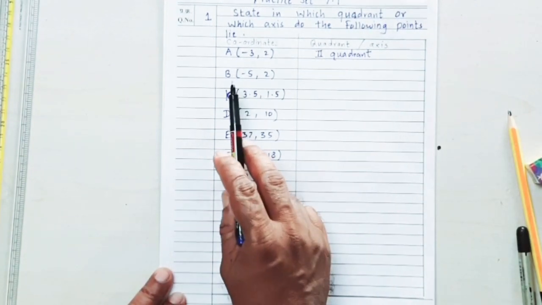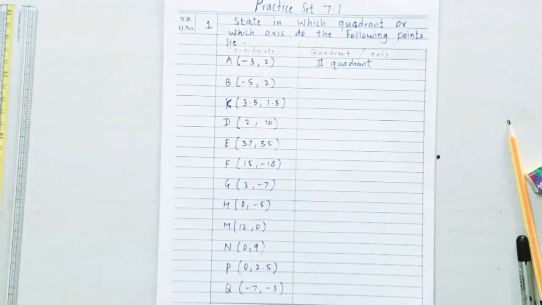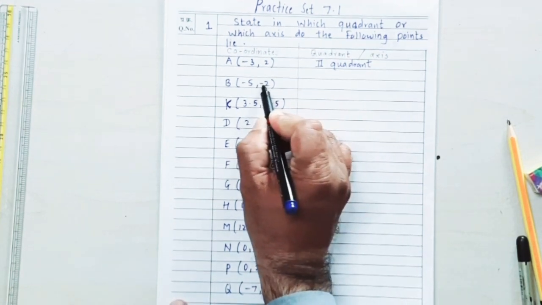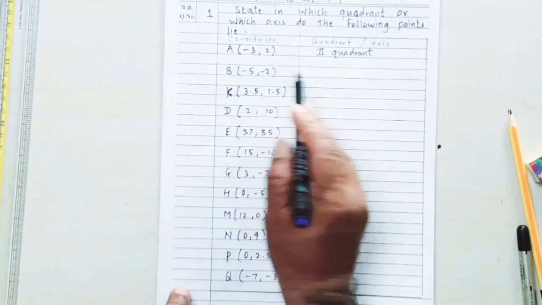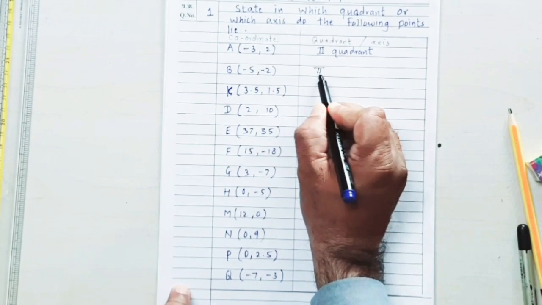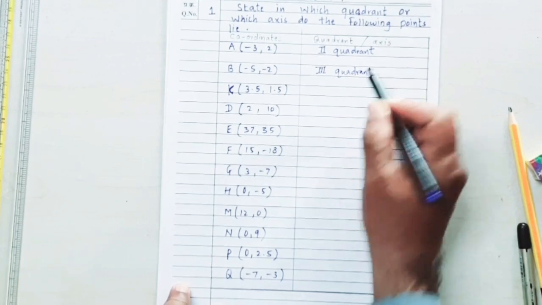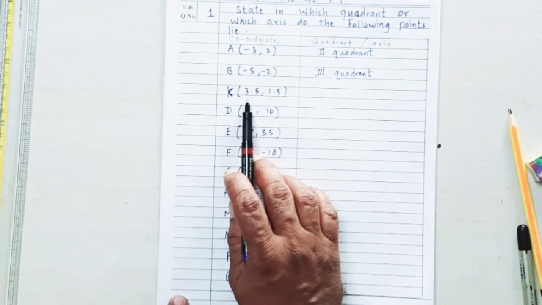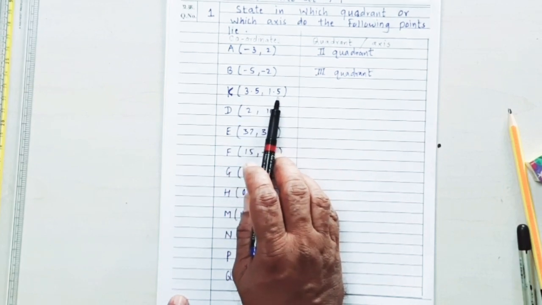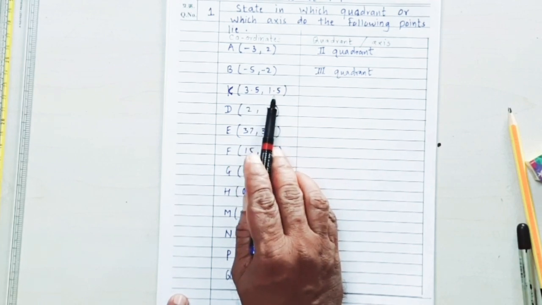Then second point B, (-5, -2), both negative. The x coordinate as well as the y coordinate are both negative, so it lies in the third quadrant. Third, K, (3.5, 1.5). 3.5 is positive, the x coordinate is positive and the y coordinate is also positive.